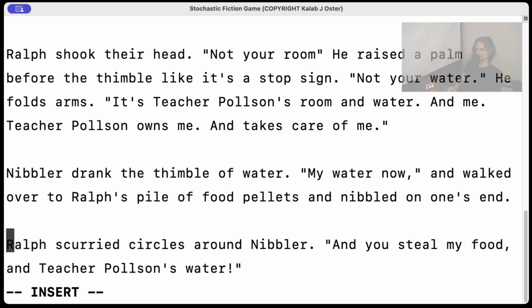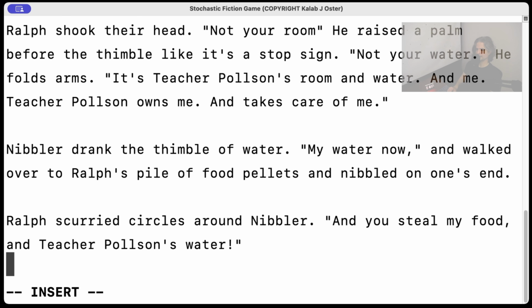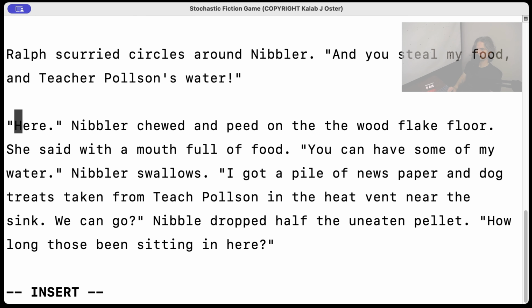Ralph scurried circles around Nibbler. "And you steal my food and Teacher Polson's water?" "Here," Nibbler chewed and peed on the wood flake floor. She said with a mouthful of food, "You can have some of my water." Nibbler swallowed. "I got a pile of newspaper and dog treats taken from Teacher Polson in the heat vent near the sink. We can go."